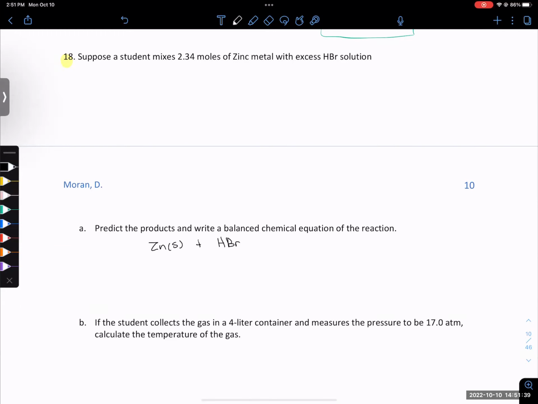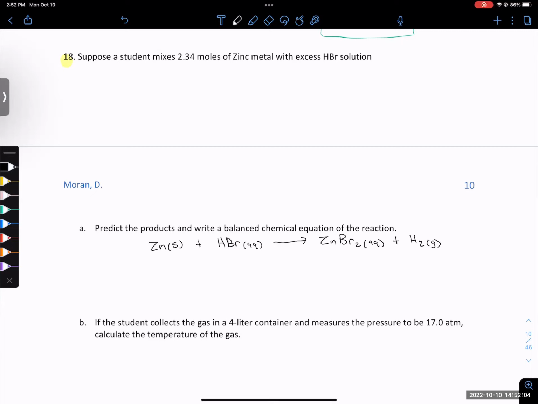That's an acid, correct. I need to look at the zinc below hydrogen on the reactant. Let's just say zinc will displace. Okay. So then you'll get zinc bromide, which is aqueous. Correct. And then you'll get H2 gas. H2 gas. There you go.